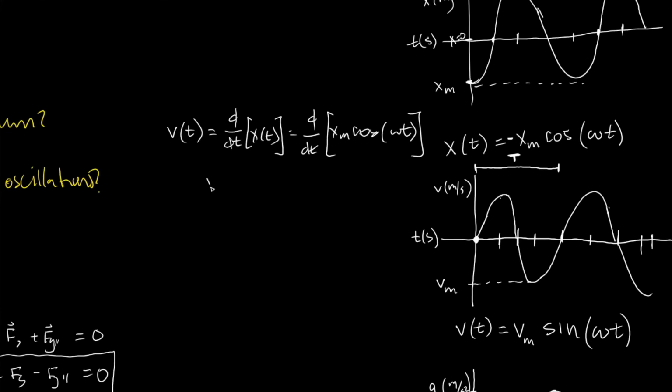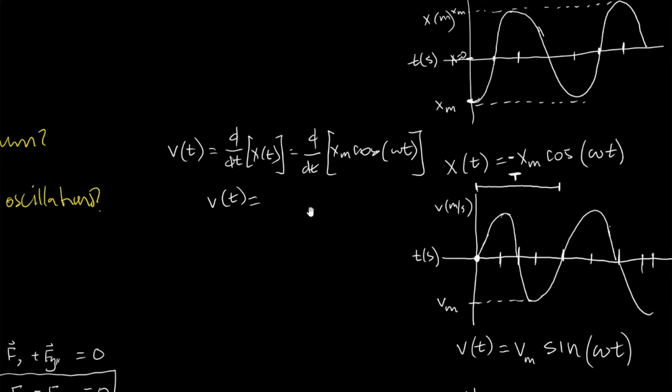Now, the derivative of this, we can use the chain rule since we have omega t in this cosine function. The derivative of omega t is omega times the derivative of xm cosine, which is negative xm sine. So we have negative omega xm sine omega t.